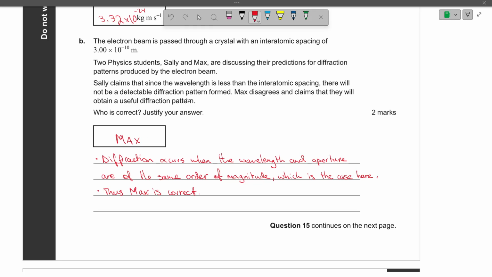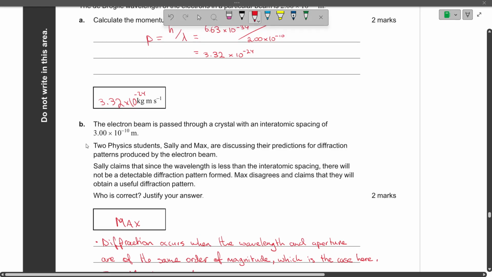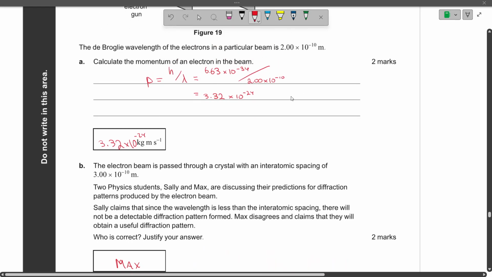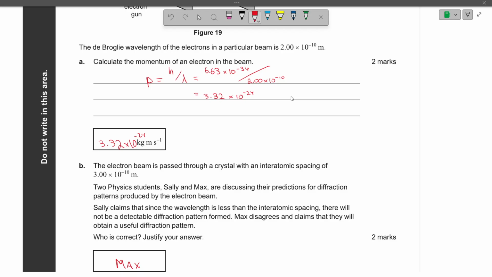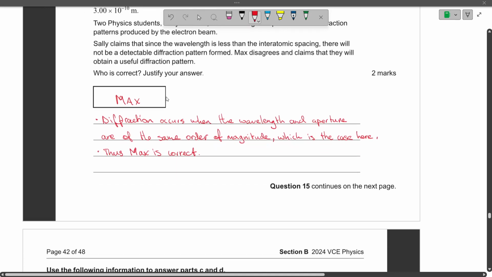And thus Max is correct, they will have a useful diffraction pattern. Just keep that in mind: you will have diffraction when your wavelength and the gap width are of the same order of magnitude. Don't get worried about the numbers, like that's 3 but that's 2. It will lessen the effect, but it will still be there. Don't stress too much about the numbers.